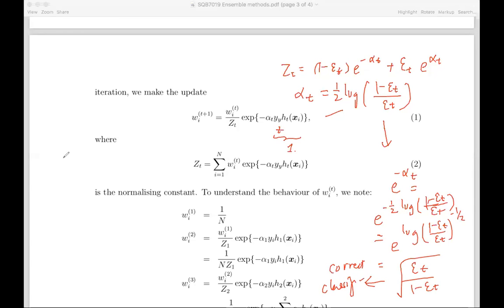So let's work out the algebra carefully. T plus 1. So this part here, I will have square root of this. And what is my zt? So my zt will be, so e of this, I'll get this, right?